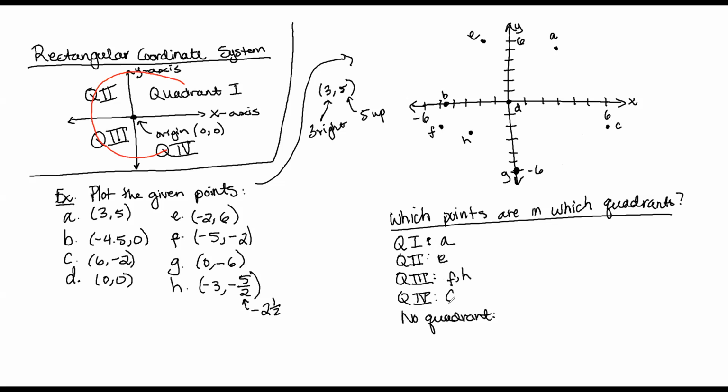They're on an axis. So B is on the x-axis, G is on the y-axis, and then D is on both. It's the origin. So we have A, B, C, D, E, F, G, H. Perfect, we have all of them.